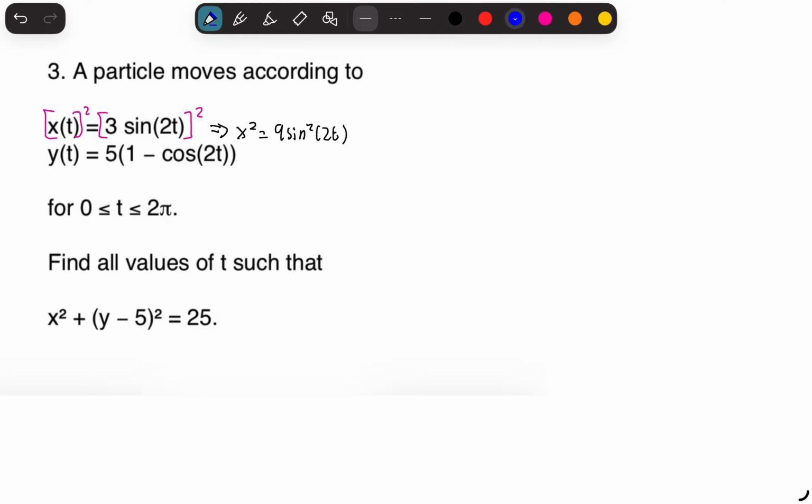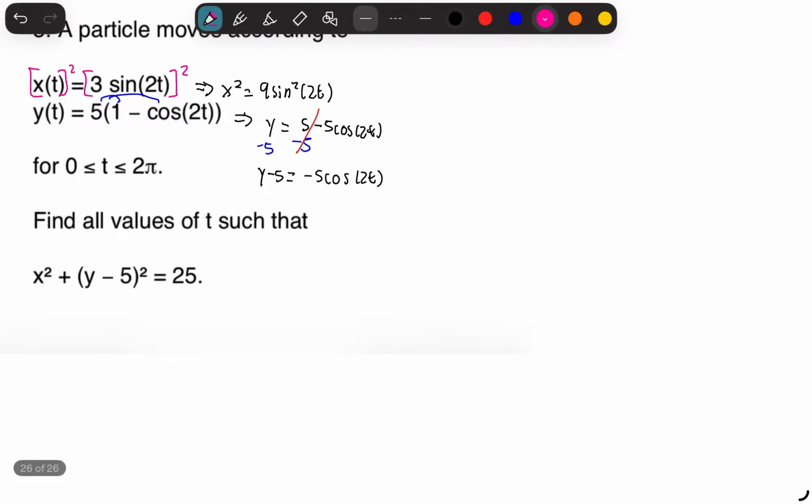And here you are going to distribute, and you get y is equal to 5 minus 5 cosine 2t, and you subtract your 5. So after that, you get y minus 5 is equal to negative 5 cosine 2t.